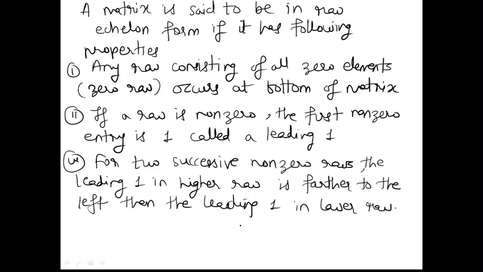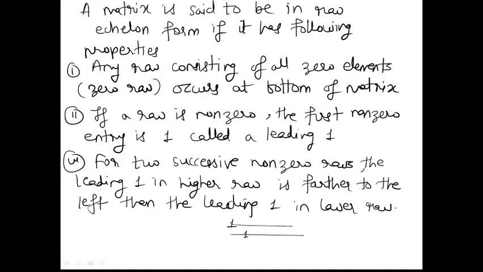What does it mean? If we have two rows, both non-zero, the leading one in the higher row must be on the left hand side of the one in the lower row. This is the meaning of the statement.